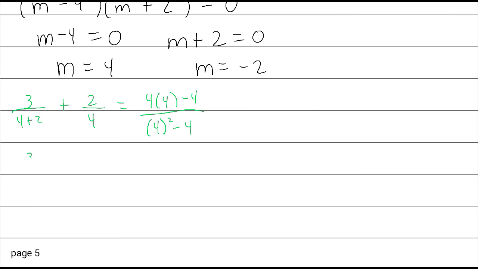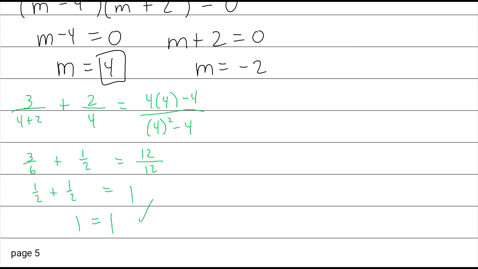That's 3 over 6 plus 2/4, which is 1/2, equals 4 times 4 is 16, minus 4 is 12. 4 squared is 16, minus 4 is 12. So 3/6 is 1/2, plus 1/2 equals 12 over 12, which is 1. 1/2 plus 1/2 is 1. 1 equals 1. Check. All right, great. 4 is a solution.